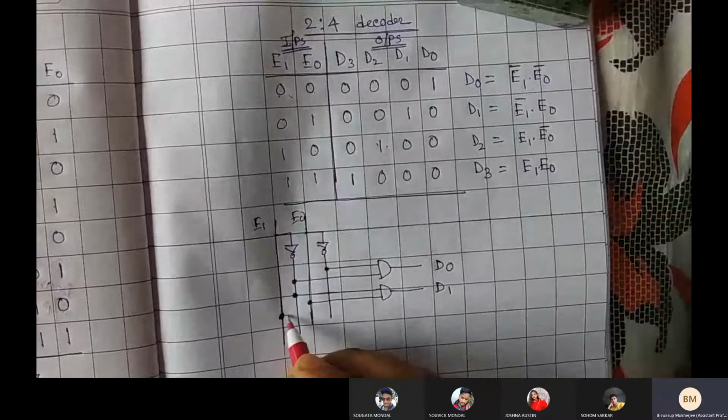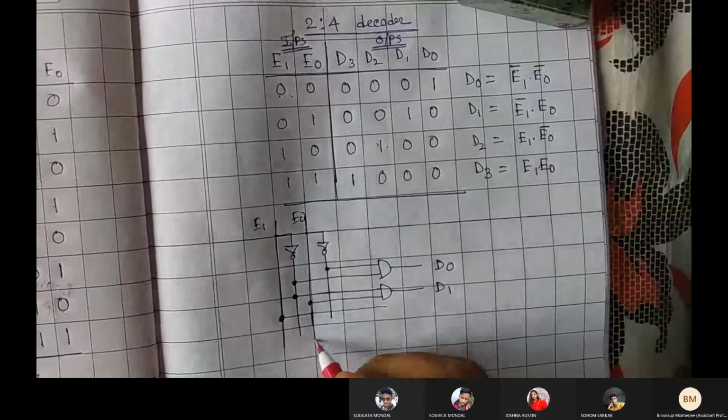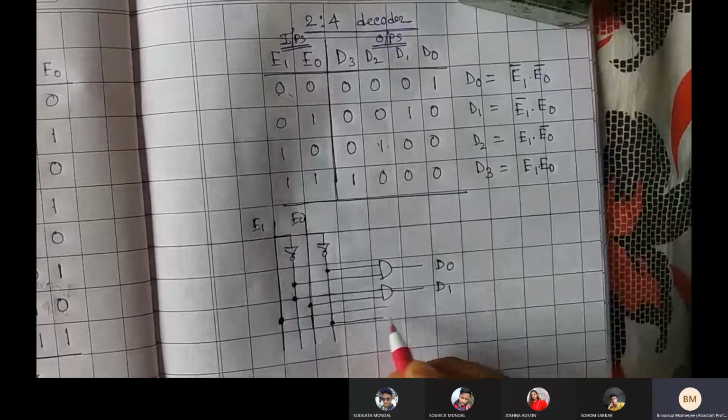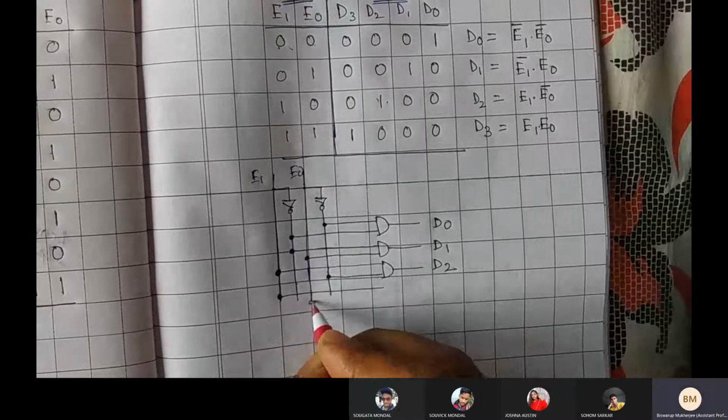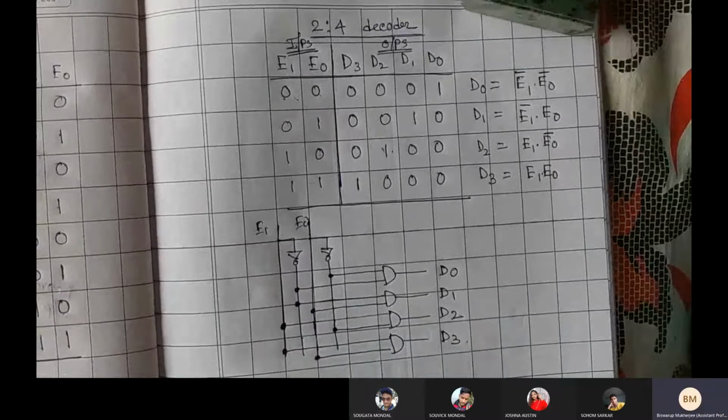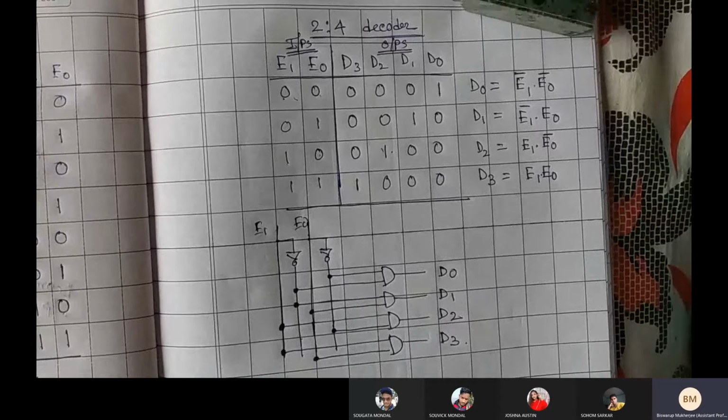Next is E1, E0 bar, which is equal to D2, and finally E1 and E0 would be D3, right? So this would be the circuit for a simple 2:4 decoder, right? Is that clear? This decoder, 2:4 decoder.